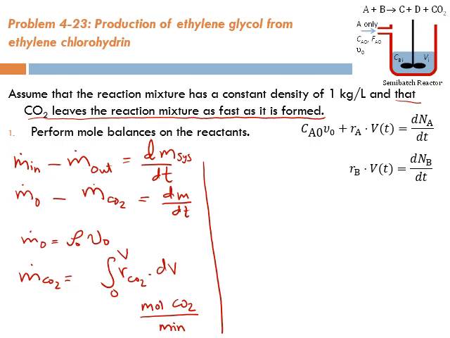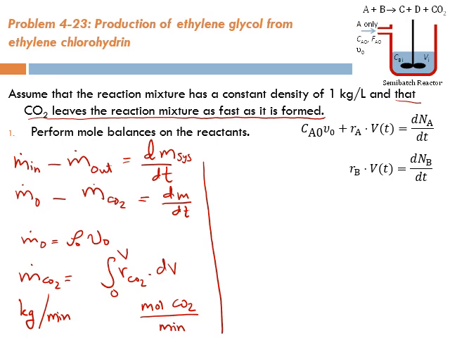So that means, however, this guy is kilogram per minute, correct? Kilogram per minute. So what does that mean? This means in order to convert mole CO2 to kilogram, we have to use the molar mass.